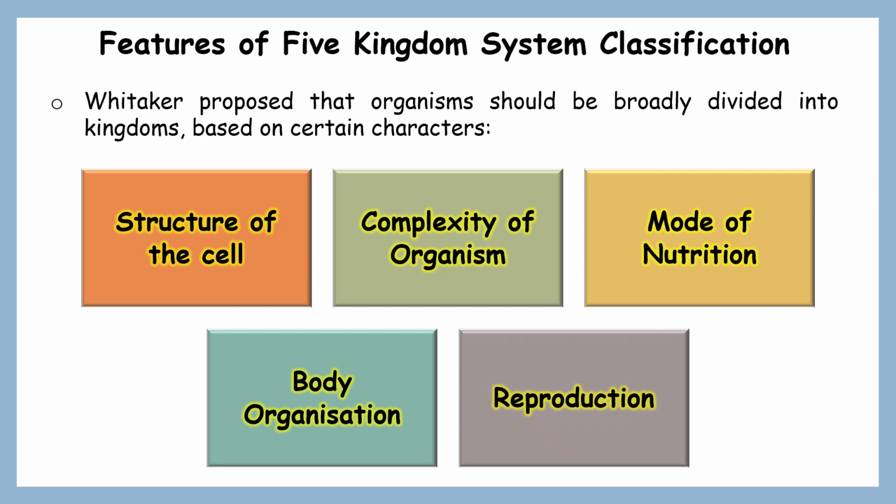The first character is the structure of the cell, second, complexity of organisms, third, mode of nutrition, fourth, body organization, and fifth is the mode of reproduction.